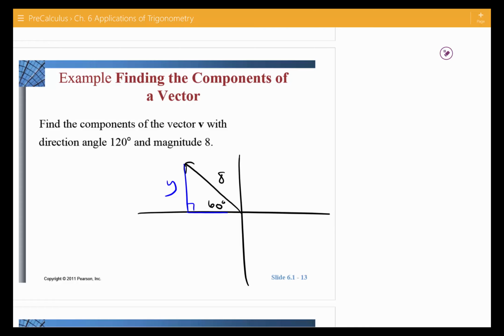We have relationships for this. If this is a 60 degree angle, and I didn't draw this very well, this would be the small leg, this would then be twice that, and this would be x times the square root of 3, if you remember those relationships. So that means that x is 4, which makes this 4 square root of 3. So if I were to give my vector in ordered pair form, I'd say back 4 and up 4 square root of 3.